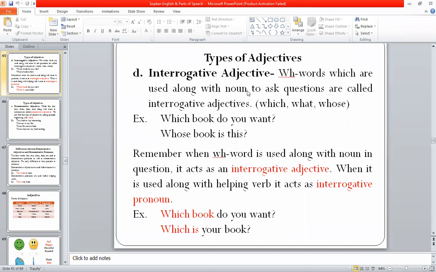If which comes before the noun in a question, then it works as an interrogative adjective, and if which comes before an auxiliary verb or helping verb in a question, then it works as an interrogative pronoun. So this is the difference.